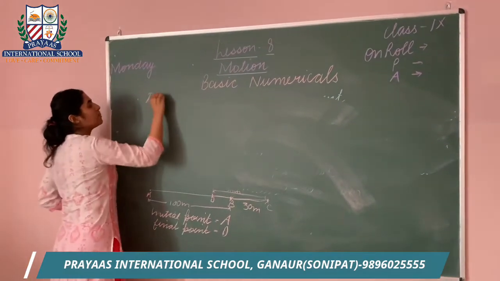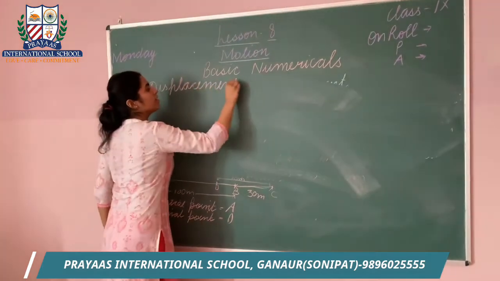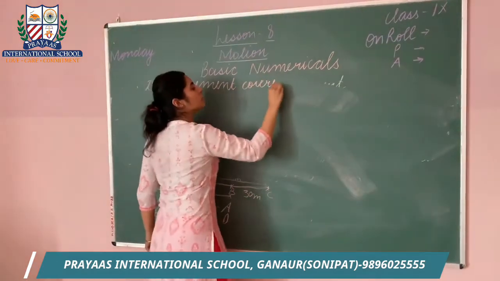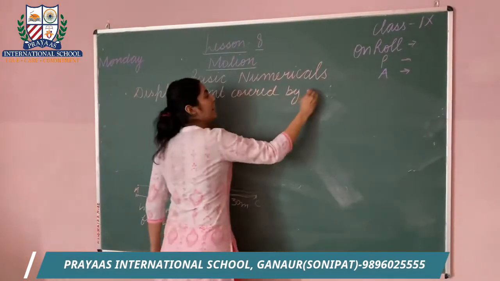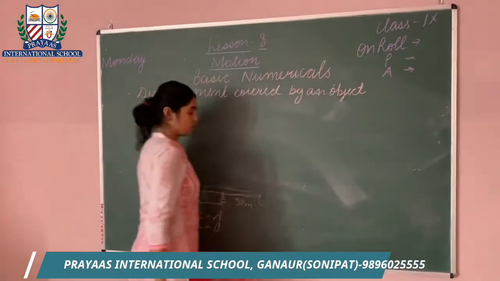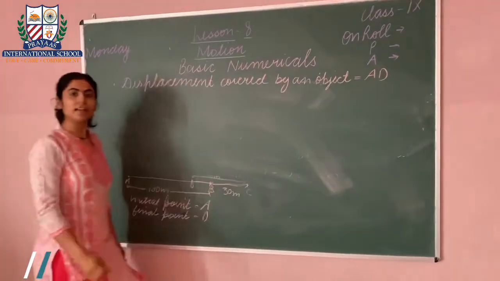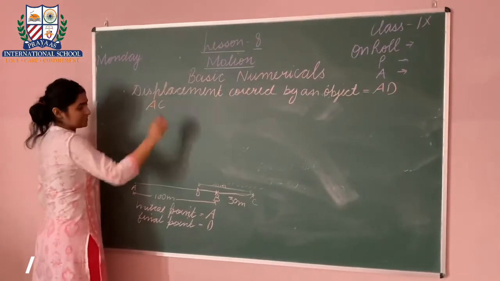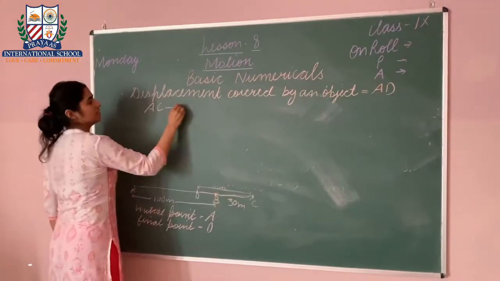So the displacement covered by an object is equal to AD. AD can be calculated as total AC minus DC.